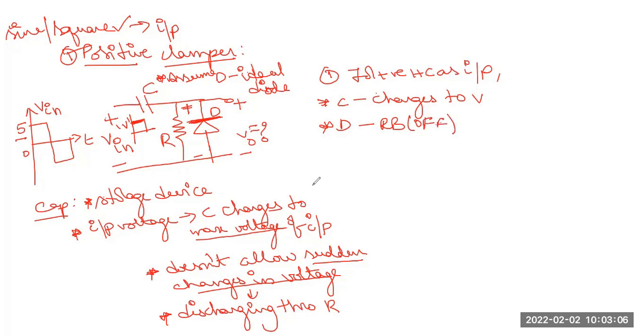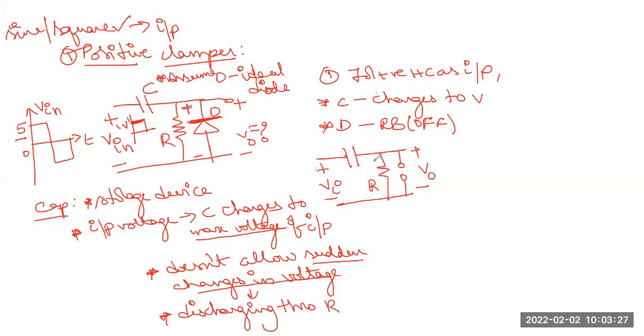Now, what is the equivalent circuit here when the diode is in off state? Capacitor, resistance, and you don't find anything here. So this is nothing but V naught. And this is where you find VI. Now, what is this output voltage equal to here?